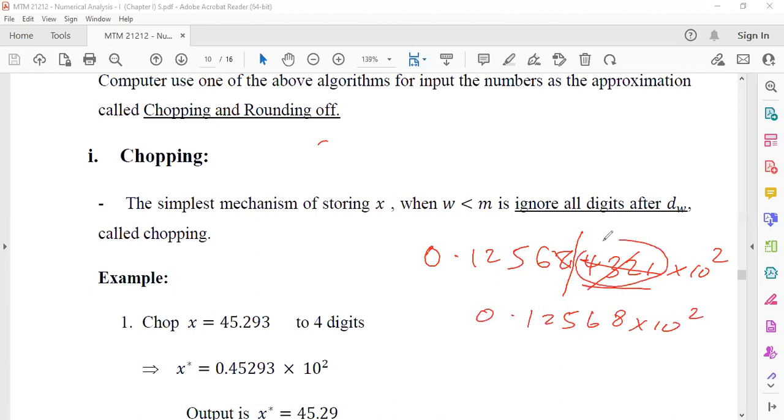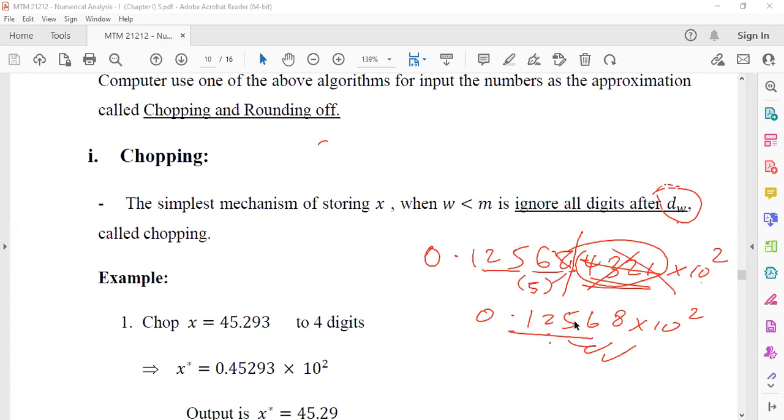It doesn't think about these values. It's just cutting, chopping, ignoring the other values and giving the answer, taking this for the calculations. So that is what we call chopping. And after the dw, it means our dw will be 5 digits, let's say. So after the 5 digits, it will cut off all the remaining part.